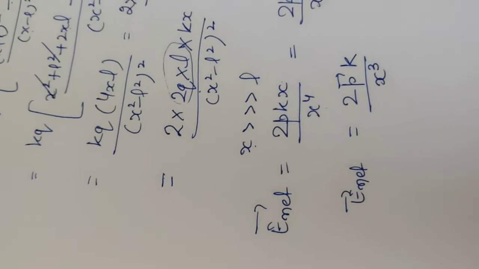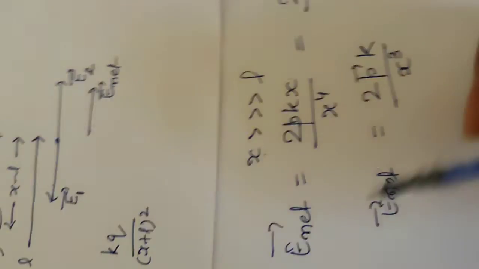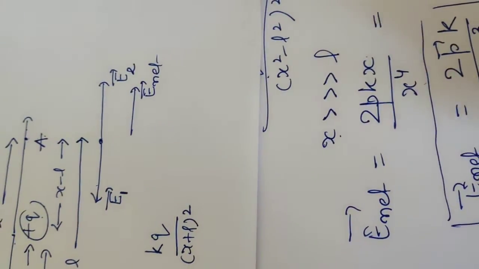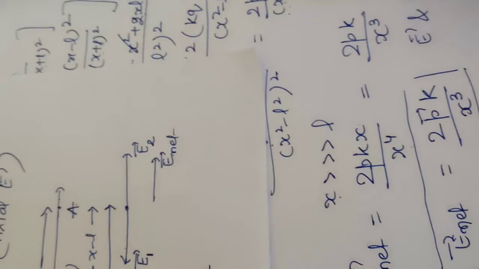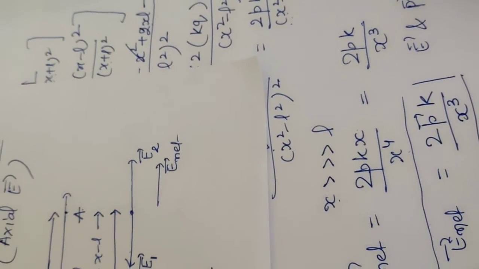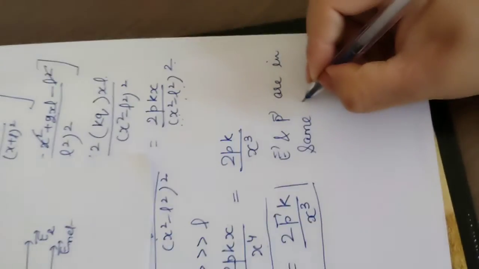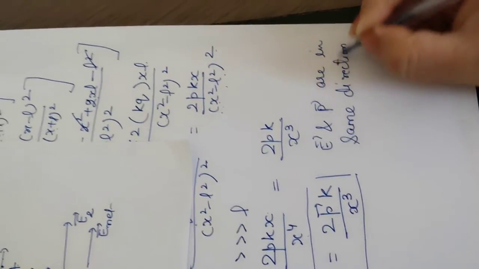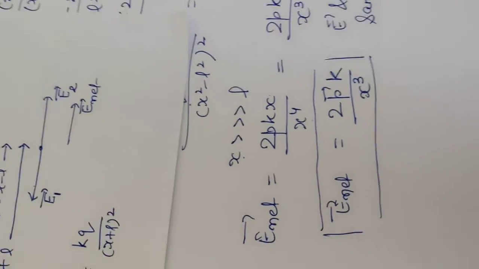So this is our net result, and in it the direction of E and P are the same. So this is all about case 1. Second case we will discuss in the next class.